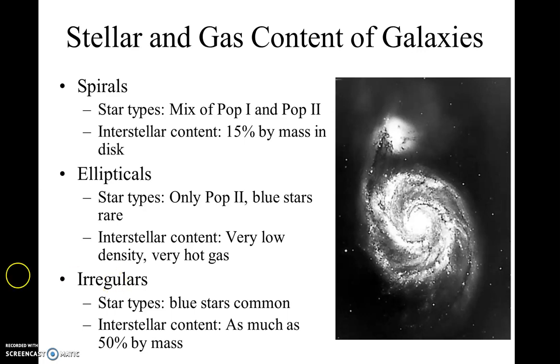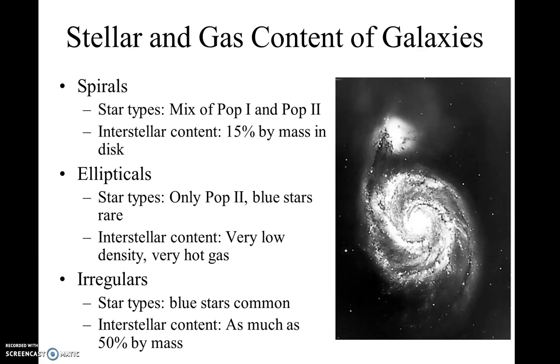And in fact, the other thing, and if you think about it for just a minute, it should make sense to you. The interstellar content has very low density. In other words, there's very little matter between the stars in elliptical galaxies. Another way of thinking about that would be if there's not a lot of interstellar material, you don't have new stars forming.